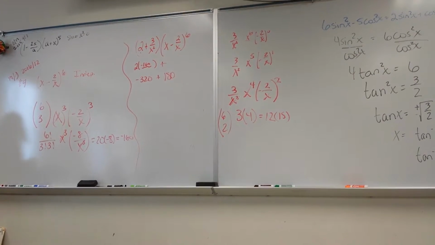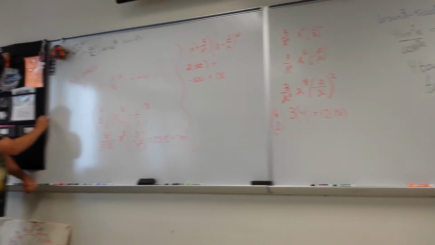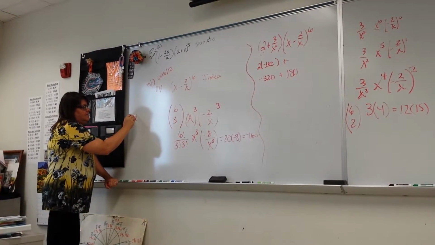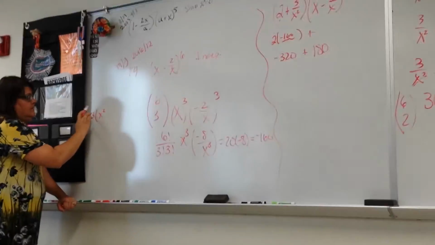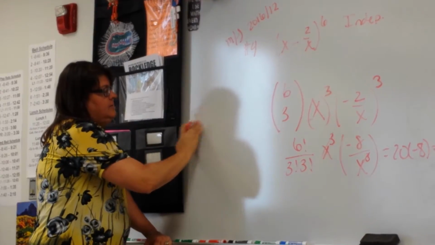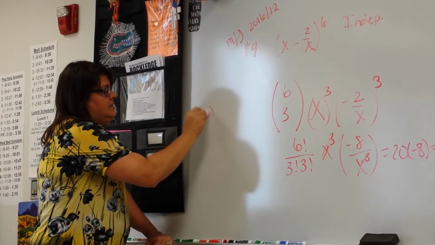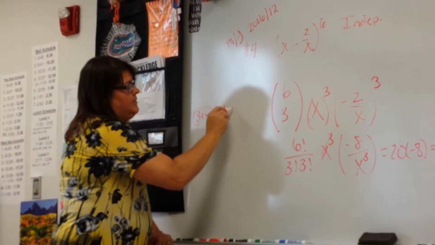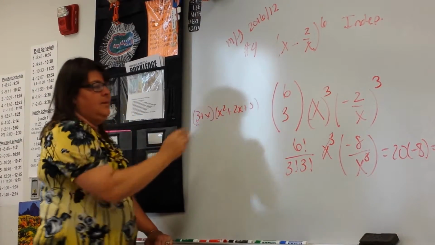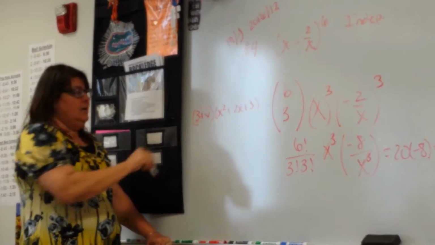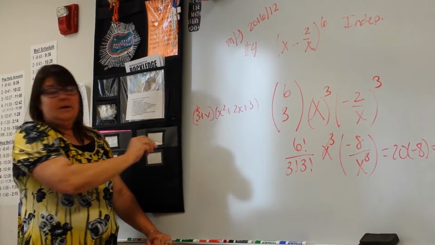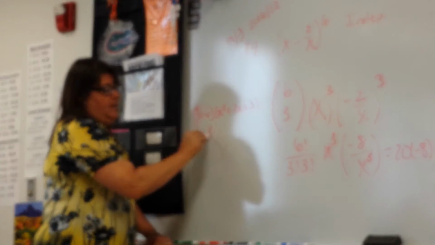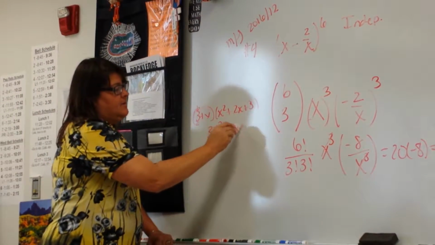Because, let's talk about it realistically. If I took 3 plus x times x squared plus 2x plus 3, let's talk about what happens when we do that. We take this first thing and we multiply it by each piece, right? So we'd have 3x squared plus 6x plus 9.